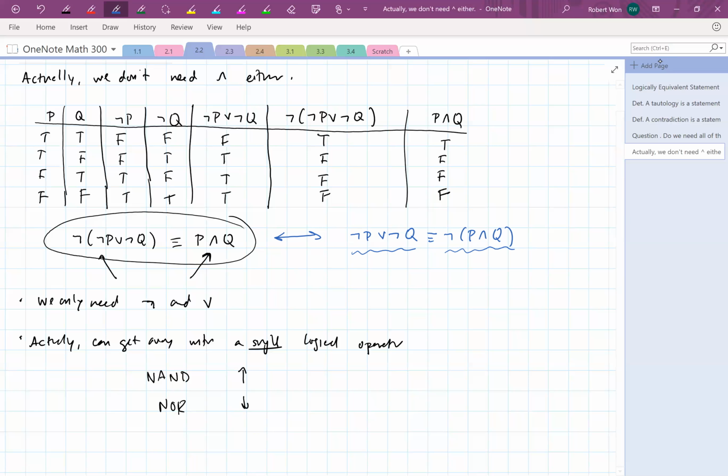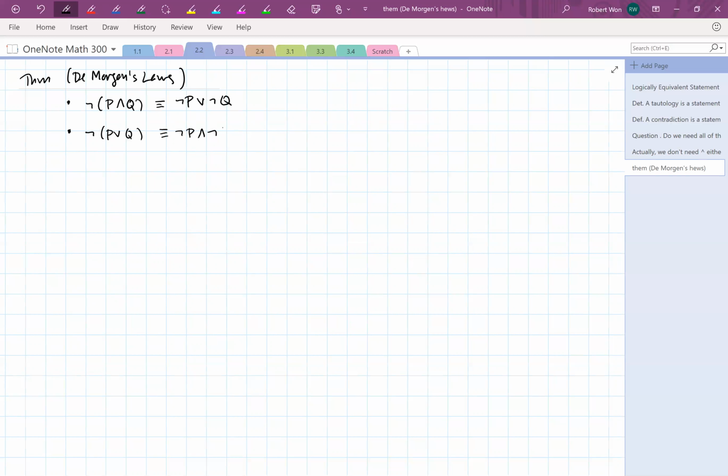This is a useful thing, and it is called one of De Morgan's laws. And it's just as simple as this. The negation of P and Q is logically equivalent to the disjunction of not P and not Q. And similarly, the negation of P or Q is logically equivalent to the conjunction of not P and not Q. So here's how you negate an "and" statement, and here's how you negate an "or" statement.